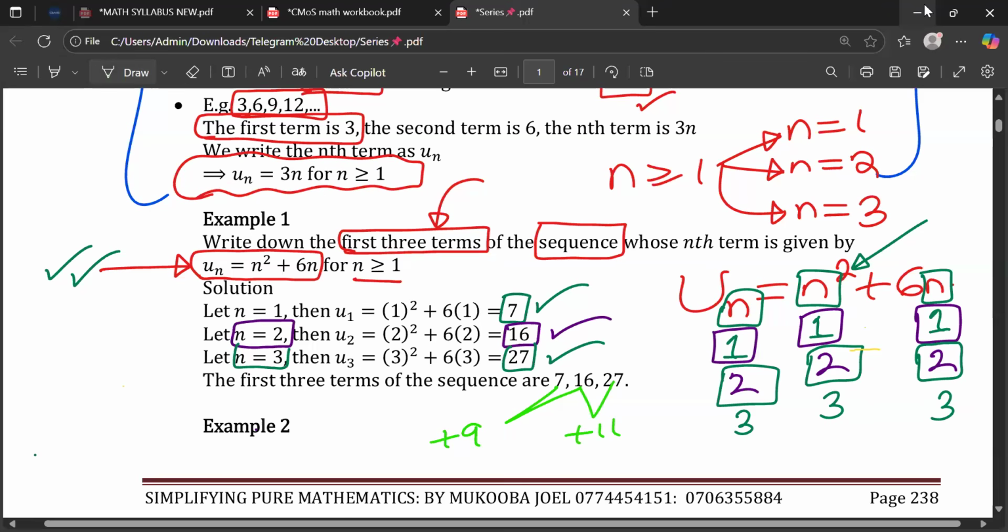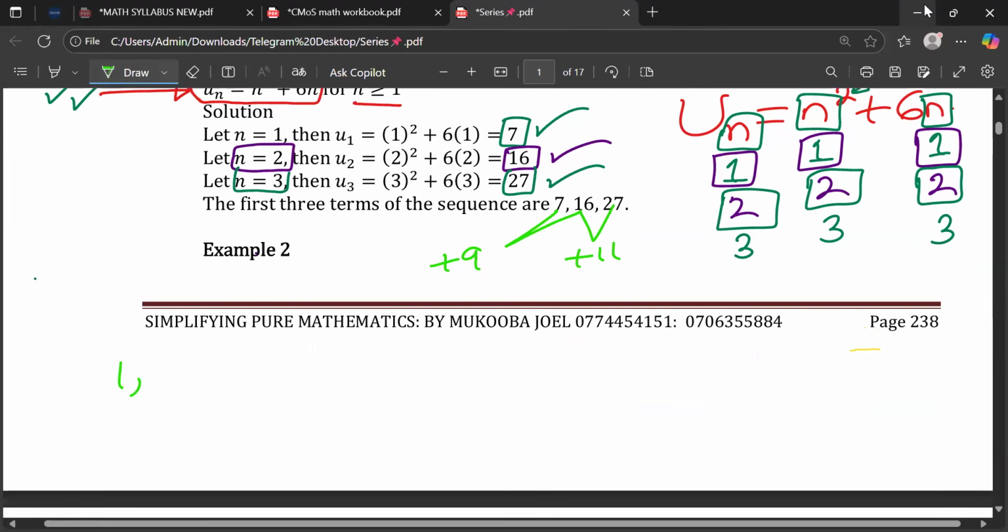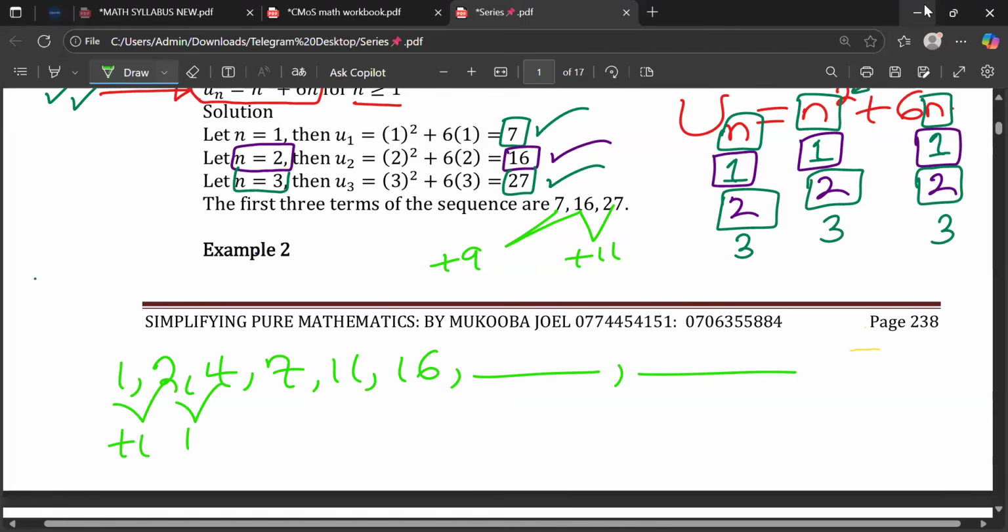Sequences are very weird. You can find a sequence which is 1, 2, then 4, then 7, then 11, then 16, and then they do that. Then you realize this was plus 1, this was plus 2, this one was plus 3, this was plus 4, this was plus 5. Then you understand this is plus 6, plus 7.